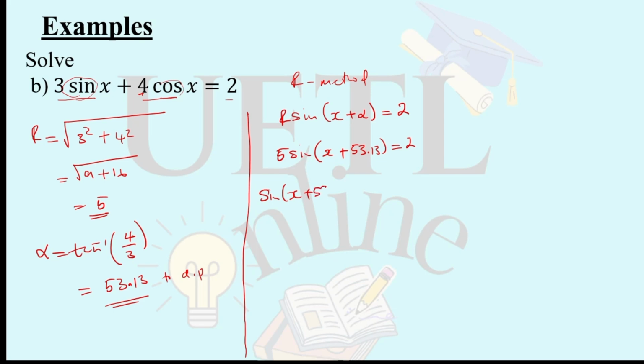I'm just going to take 53 for simplicity, but if it is required to round to 2 decimal places, please round to 2 decimal places here. In this case, we get 2 over 5. So x plus 53 is equal to arc sine of 2 over 5.